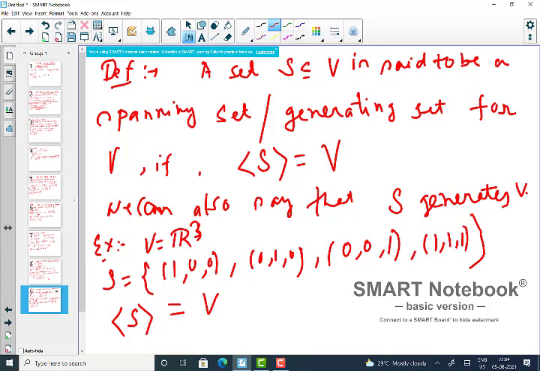Now, the third question is: do you have some way to understand this spanning set, which actually characterizes the vector space V? Before that I need some ideas called linear independence, linear dependence, and something called a basis of a vector space.